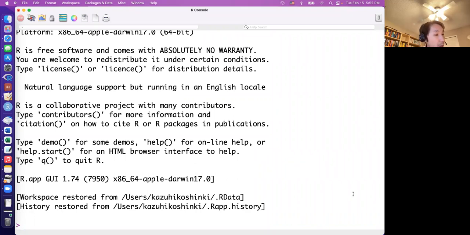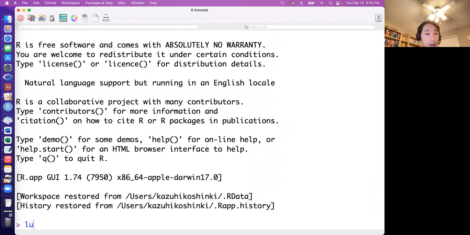Okay, so you can see the chapter 4 lab slides available in Canvas. I will use the R console to explain that. At first we have to load the library. For data, the ISLR package.